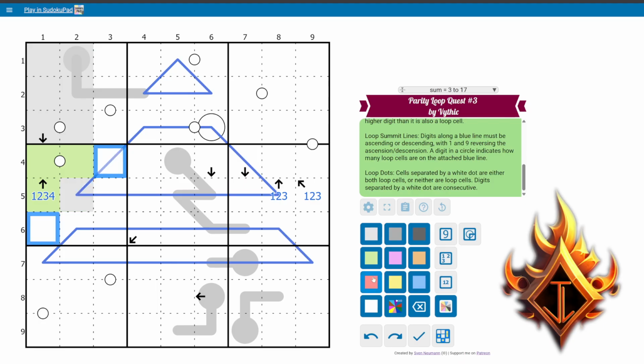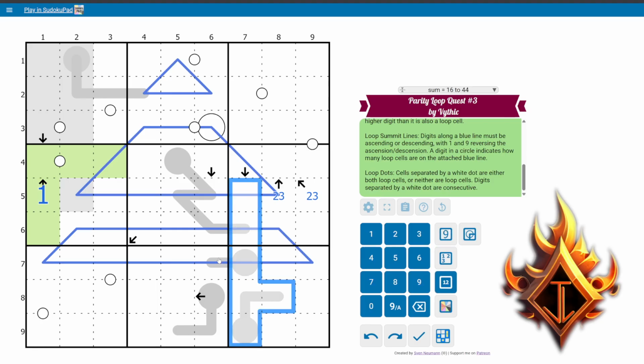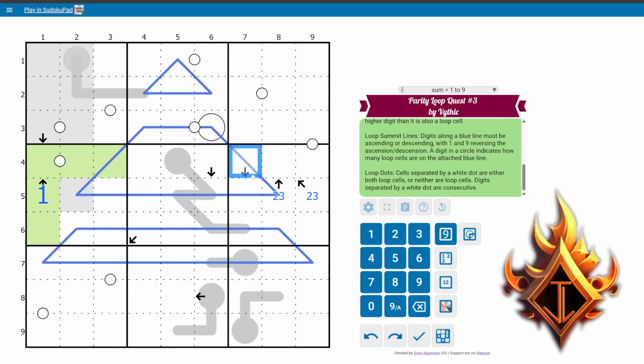We have to get out in those two spots. This is 1. So these become a 2, 3 pair. That won't be the full 5 either, as it would need to do that. So this can be 1 or 4.